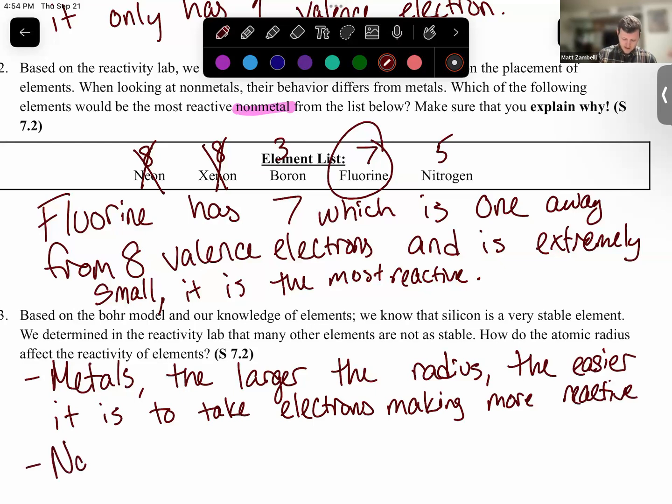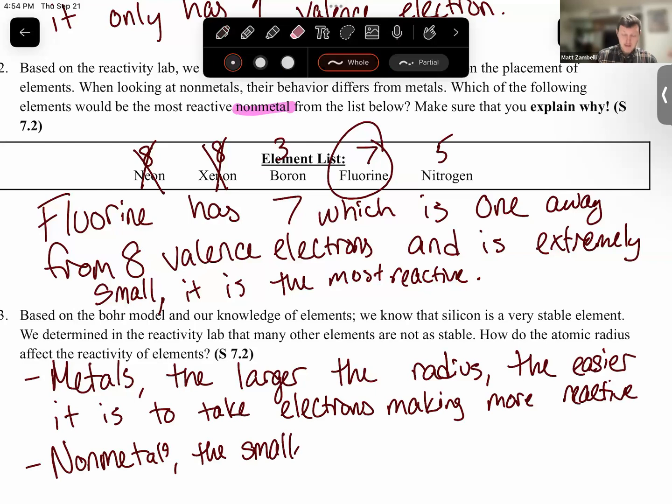And for nonmetals, the smaller, oh, sorry, I definitely just messed up. So hopefully we can see that, and we all make mistakes.